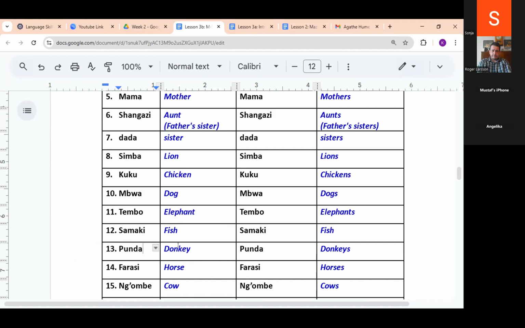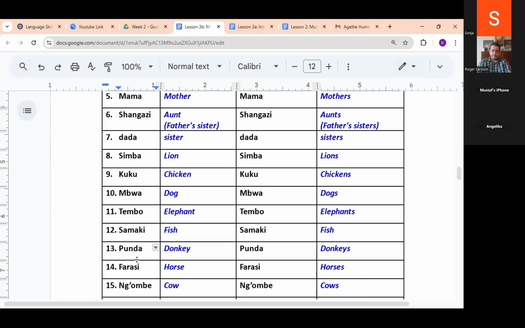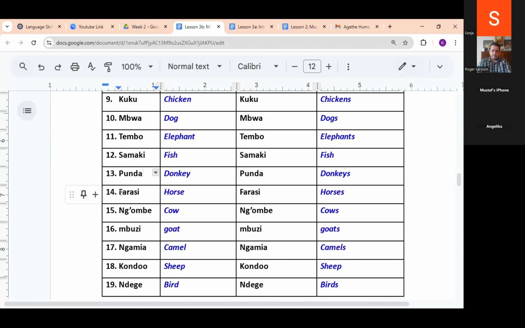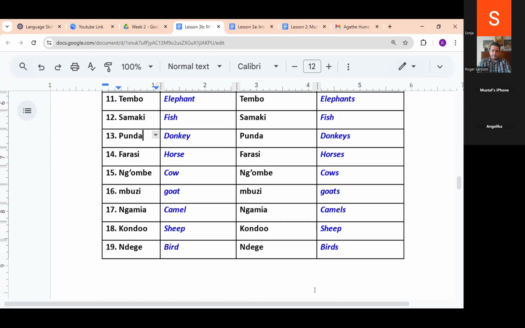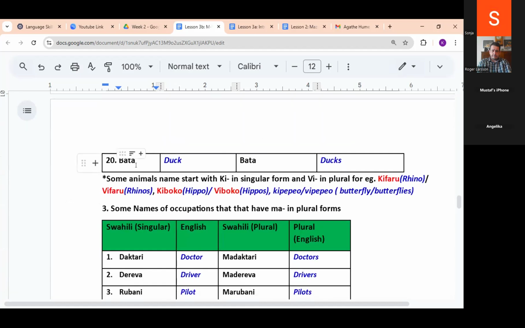Not bunda, it's punda. Okay. Dada Sonia na dada Angelica, you can continue up to farasi, ng'ombe, mbuzi, ngamia, kondoo, ndege. Sawa sawa, vizuri sana. Ndege, asante. Sawa sawa, bata, yes.